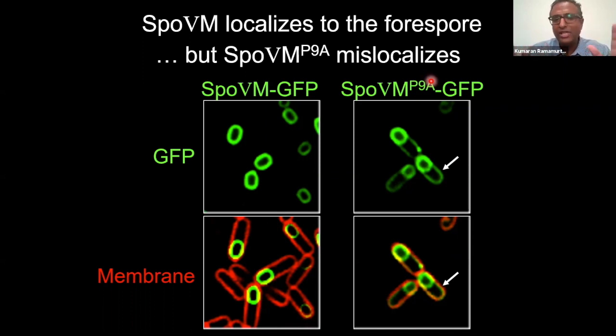If you change that one amino acid in this protein, it does this remarkable thing on the right-hand side, which is that it still goes to the forespore surface, as you can see here, but unlike the regular or wild-type protein, as we call it, this variant mislocalizes to all the available membranes in the mother cell cytosol. So this protein on the right has lost its way just because we changed one amino acid.